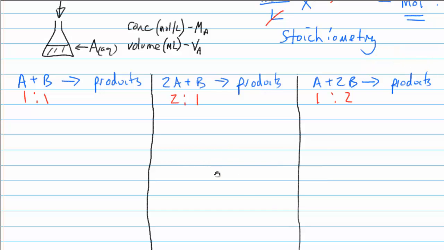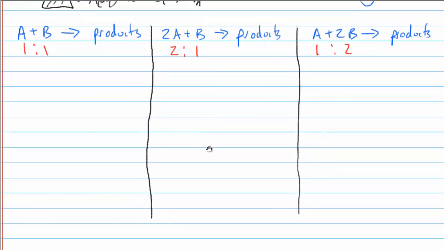Now let's focus on the stoichiometry being 1 to 1. If the stoichiometry is 1 to 1, we can say that the moles of A originally present is equal to the moles of B needed to completely react with it.